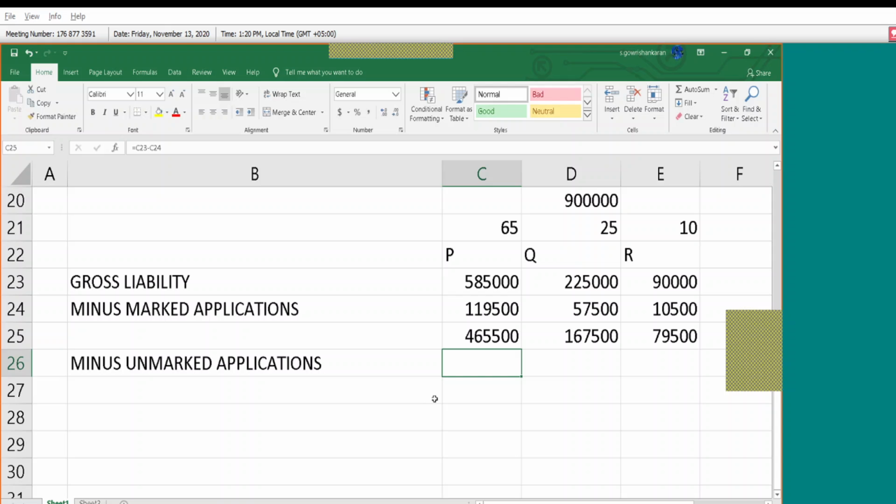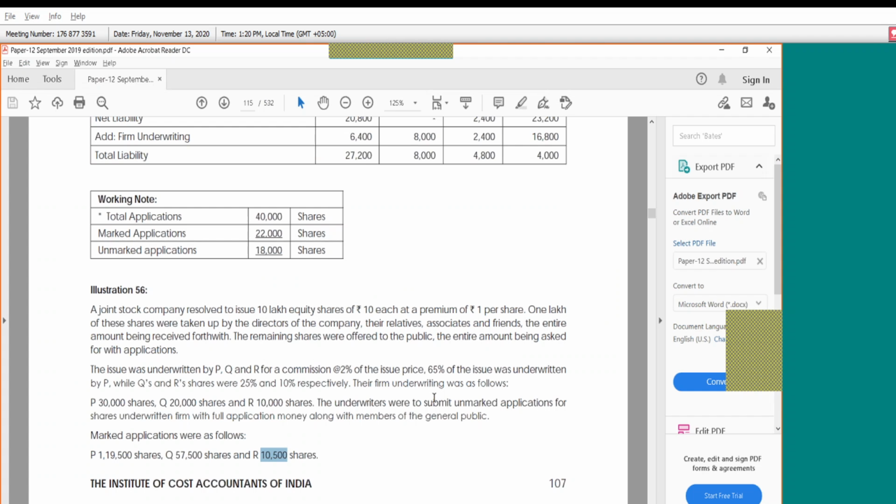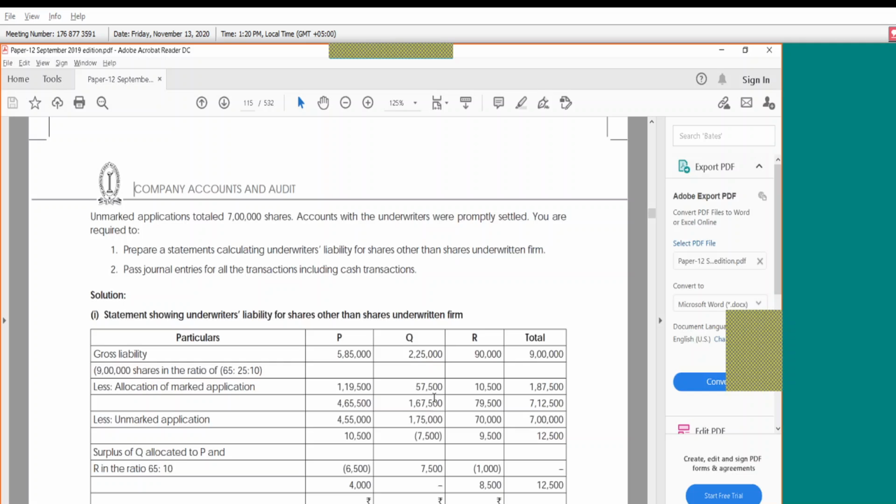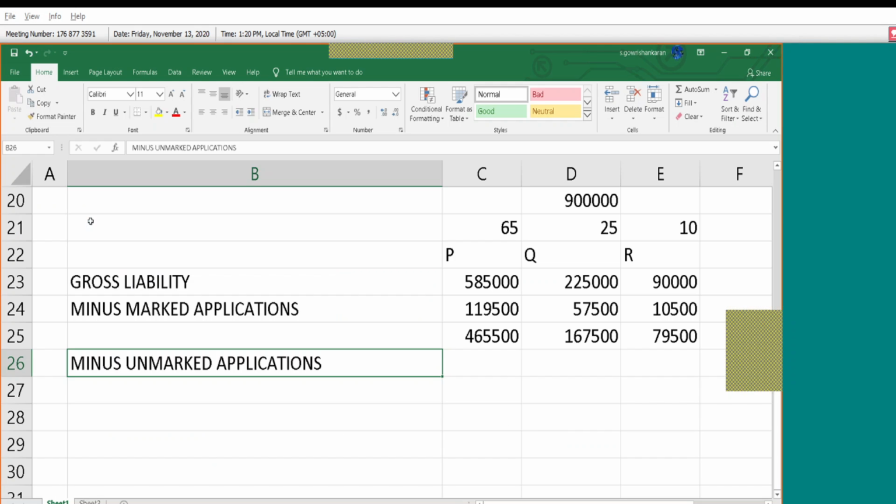Okay. So what is the unmarked application? Total unmarked application, how much? See on the next page, they have given the unmarked application figure. So unmarked application is 7 lakh shares. This 7 lakh shares includes firm underwriting also.